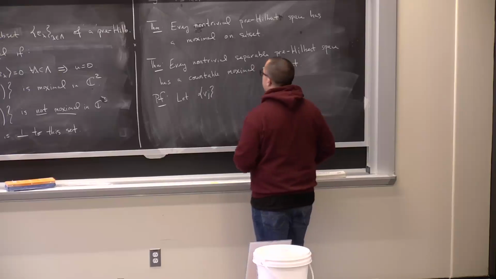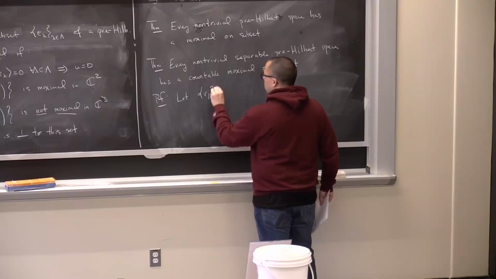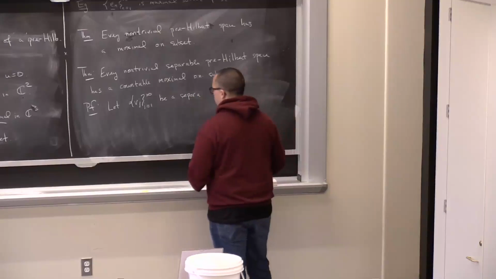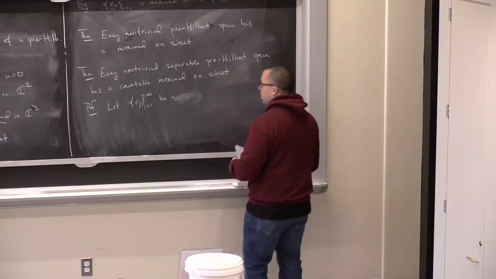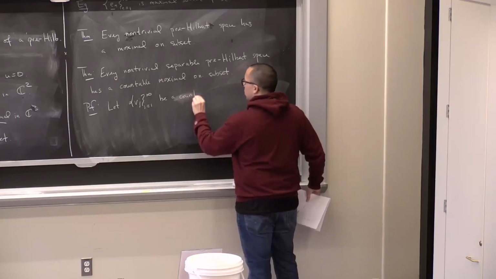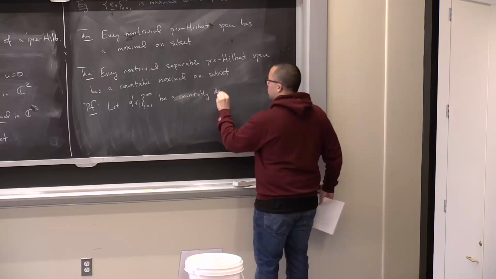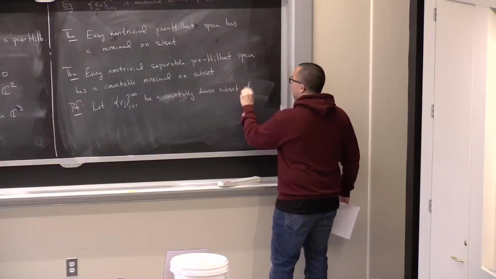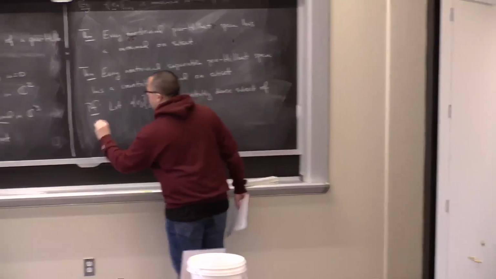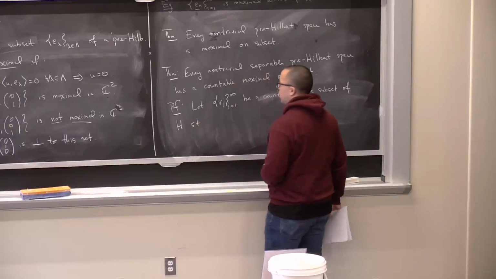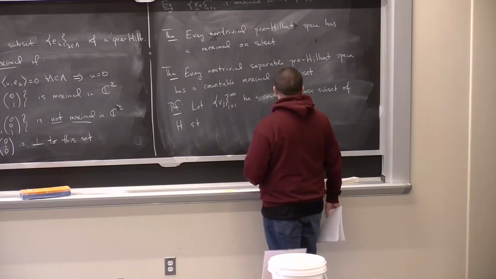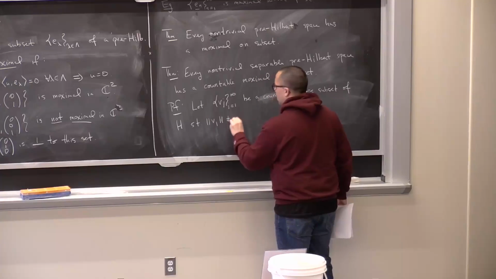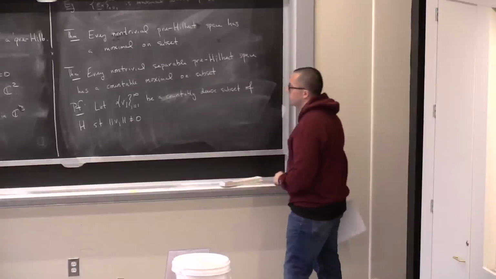So since H is separable, let {v_n} be a countable dense subset of H. This is a non-trivial pre-Hilbert space, so we can always make sure that the first one is a non-zero vector.